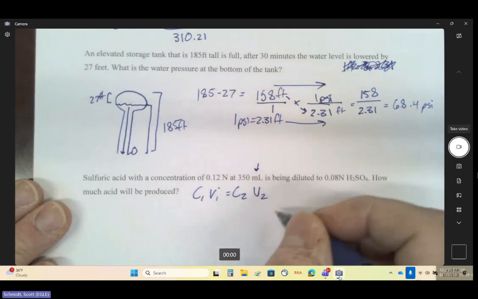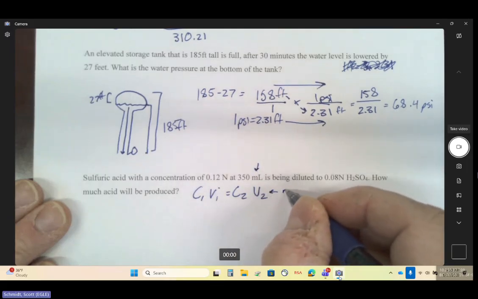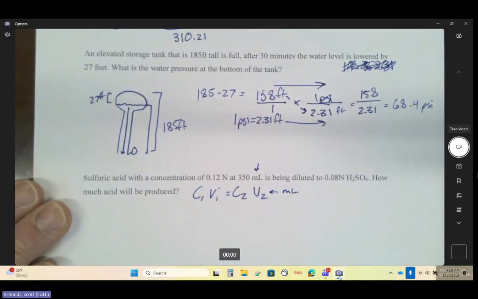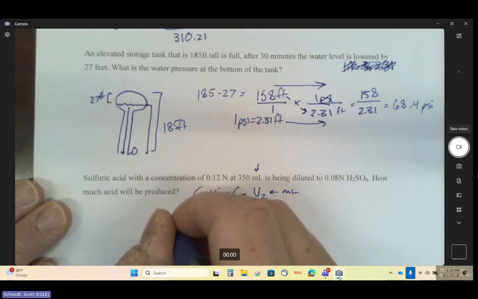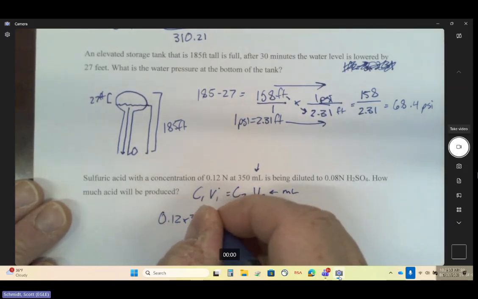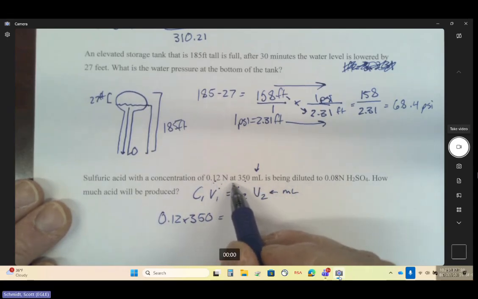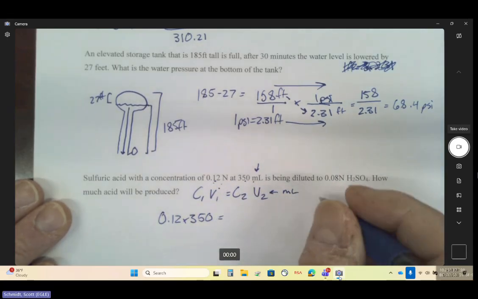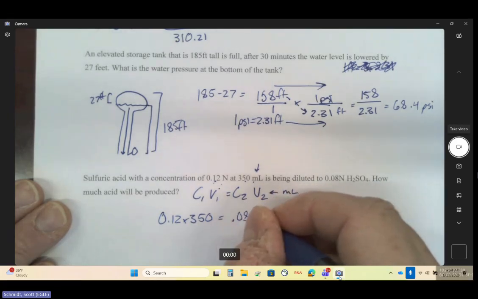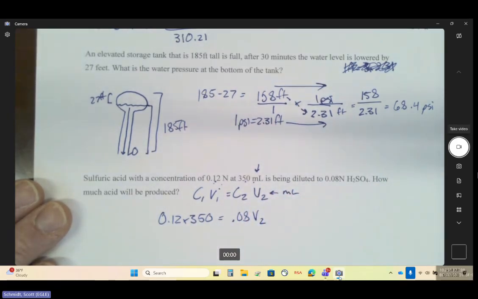And being that this is milliliters, our answer here will be milliliters again. So remember, I said if we're looking at them, make sure volumes are matching. So I'm going to have 0.12 times 350, because these are linked together, 0.12 at 350 milliliters. I'm diluting it to 0.08, and I do not know my volume.